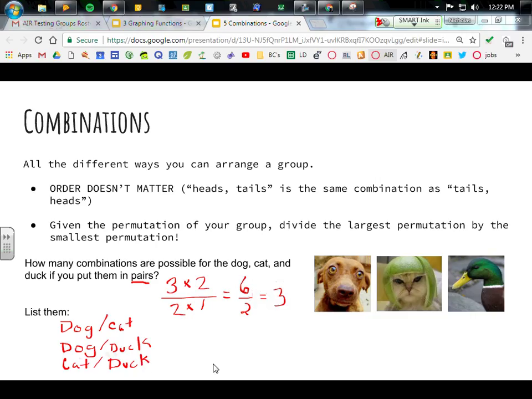And like I said, order doesn't matter anymore, so dog duck is not another option. We've already listed that. Duck cat is not another option. We've already listed that. All right, so here are all of our combinations.